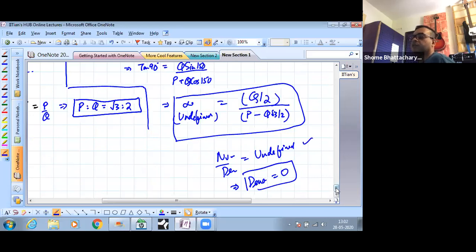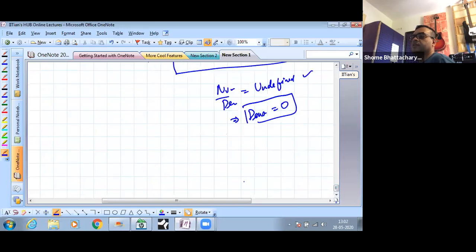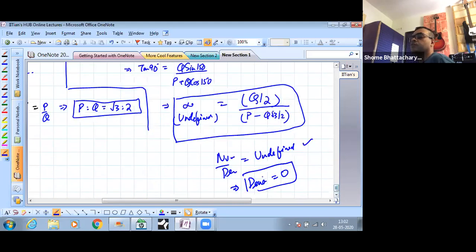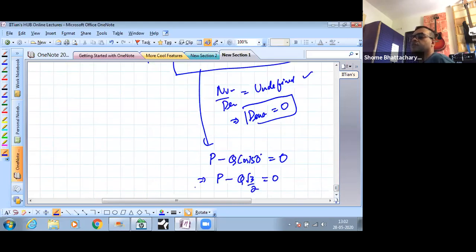So here what is happening, this P minus Q root 3 by 2 must be 0. So this will now give you the same relation.